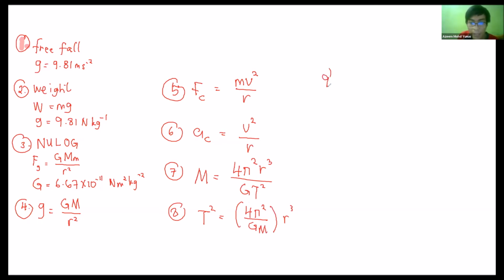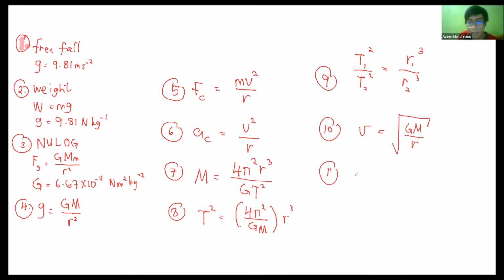Number 9 is Kepler's third law in terms of the ratio, equal to R1 cubed over R2 cubed. Number 10 is the linear speed of a satellite, square root of Gm over r.